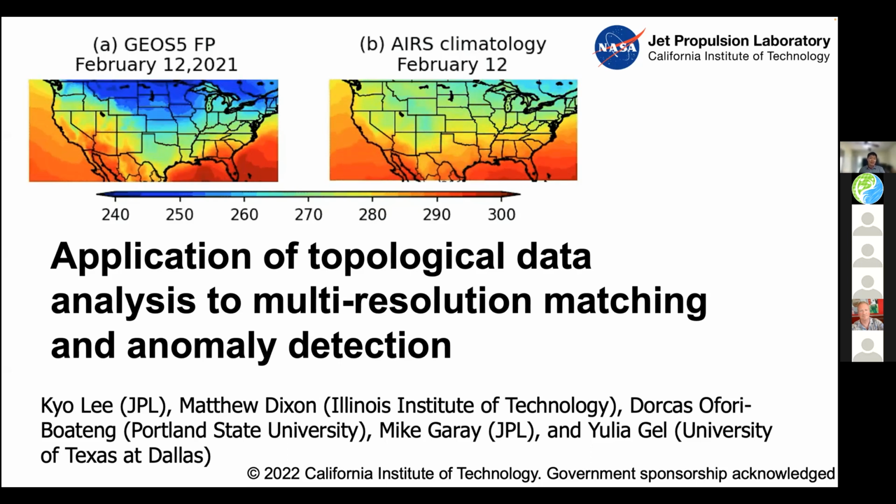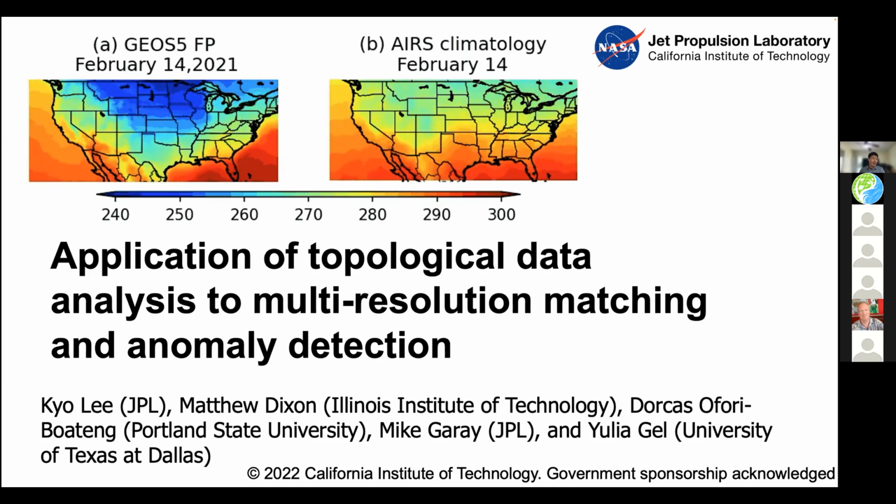With this talk, I would like to say that topological data analysis has enormous potential for numerous earth science applications. The animation at the top of the slide shows the temperature map during the extreme cold wave in mid-February in 2021, so about a year ago.